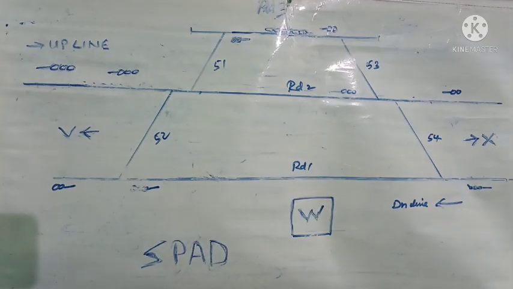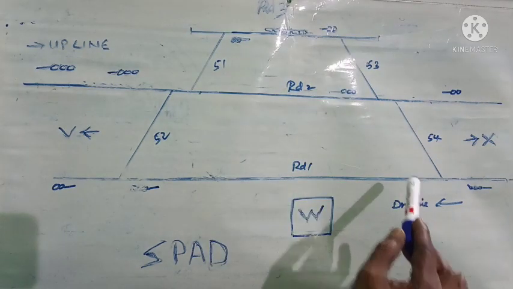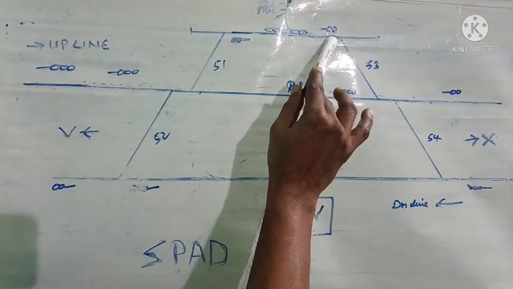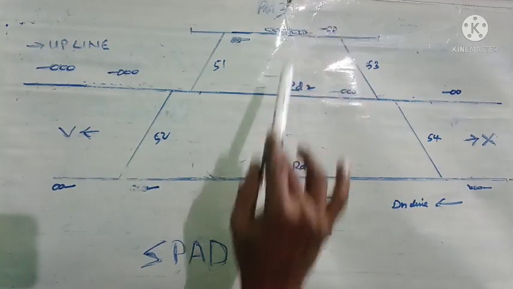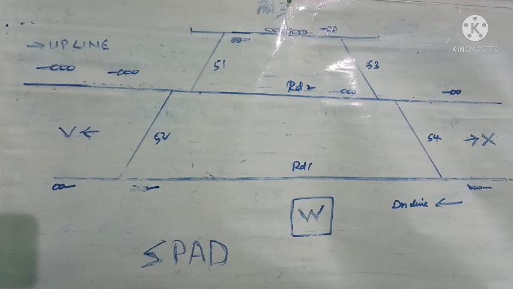Though the rule says that stop signal once taken off should not be put back to on unless there is an emergency, and emergency is an occasion where an accident is to be averted, there will be several cases, several incidents in which station master has to put back starter signal to on other than this emergency.